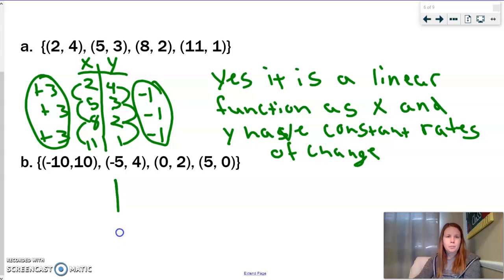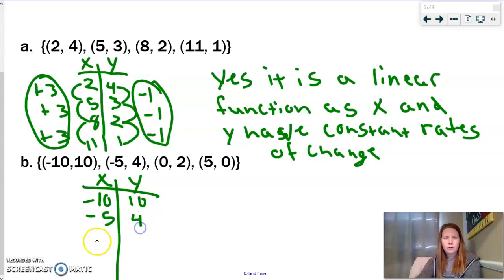So I'm going to do the same thing for B. Let's create a table, x and y. In the first one, -10, 10; -5, 4; 0, 2; and 5, 0. All right, I want to see what the patterns are. From negative 10 to negative 5 is plus 5.